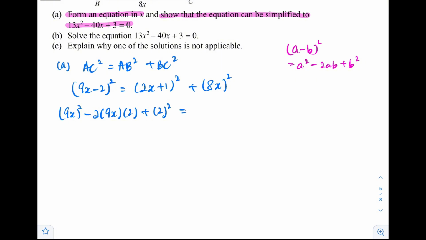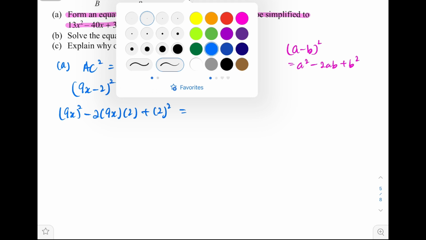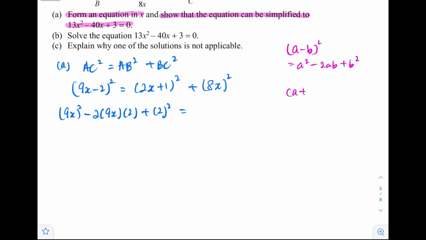Similarly, the other special algebraic identity is (a plus b) whole thing squared, which is a squared plus 2ab plus b squared. So in the second expression, (2x plus 1) squared, we have (2x) squared plus 2 times 2x times 1 plus 1 squared.